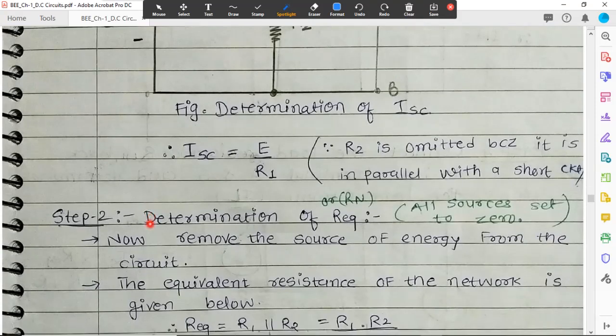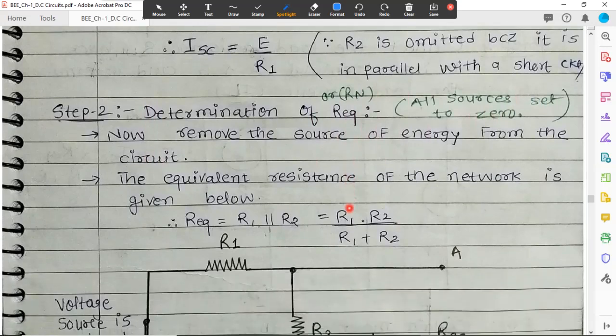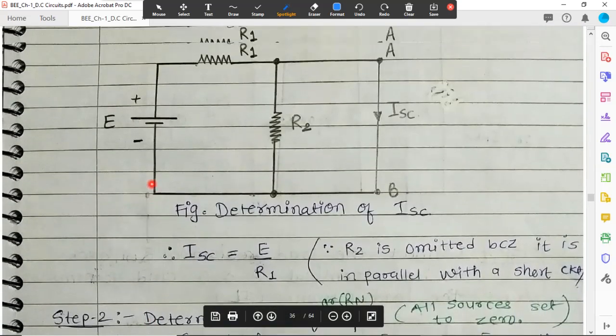And for the equivalent resistance, or Norton's resistance, we have to set all sources to 0. For that, we consider the voltage source replaced by a short circuit. See in the above figure, this is our network.